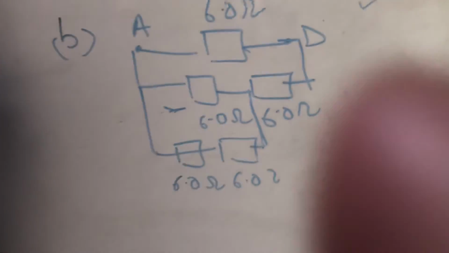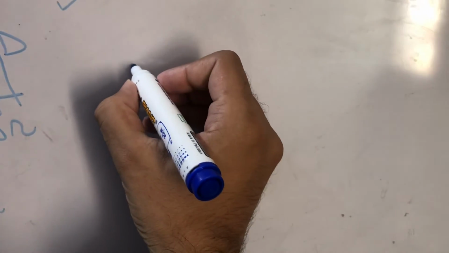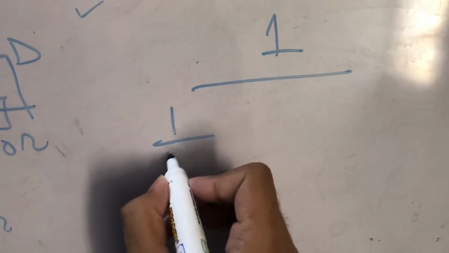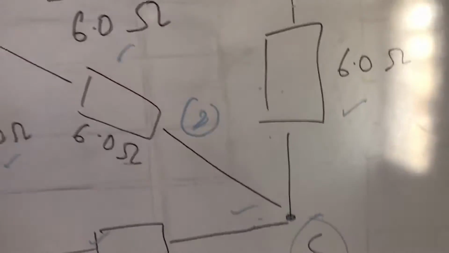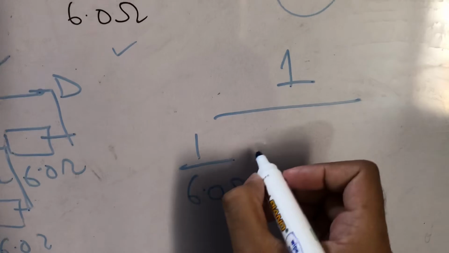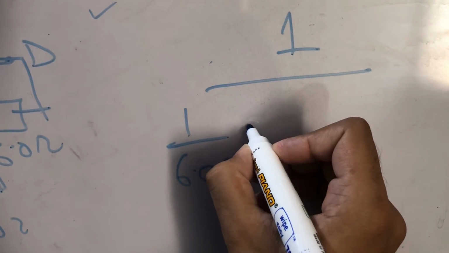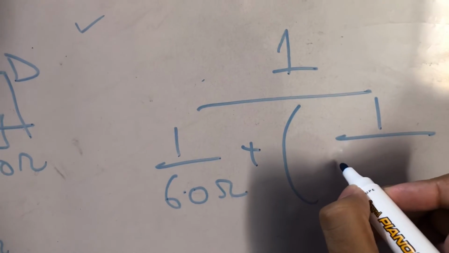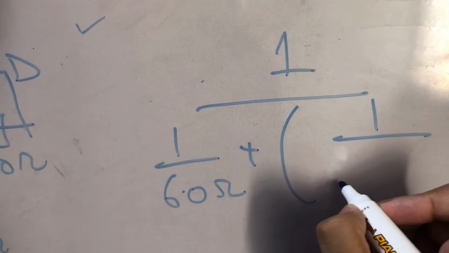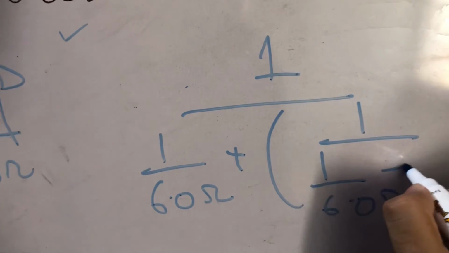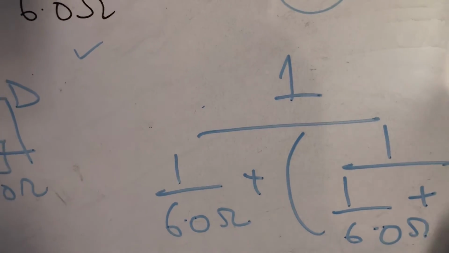Okay, after making the diagram, I can write it like this: 1 divided by, first of all the easier part, 1 over 6, that is the straight line, this point straight, this is in parallel, plus 1 over 6 plus 1 over 6 plus 6.